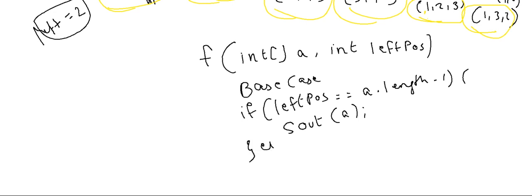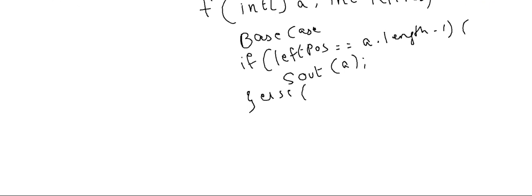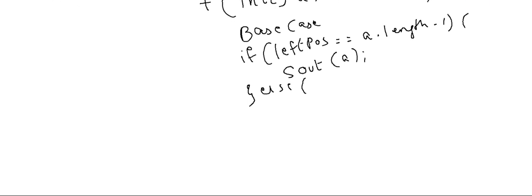But if we are not in the base case, then we are swapping every element that we have, including the element at the left position, all the way to its right, with the element in the left position, and then we are making a recursive call. I'm performing a swap in this array with the left position.